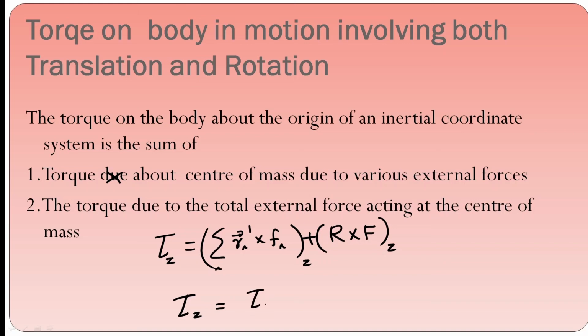If you denote by tau 0 plus r cross f എന്ന് എക്സ്പ്രസ് ചെയ്യാൻ പറ്റും.